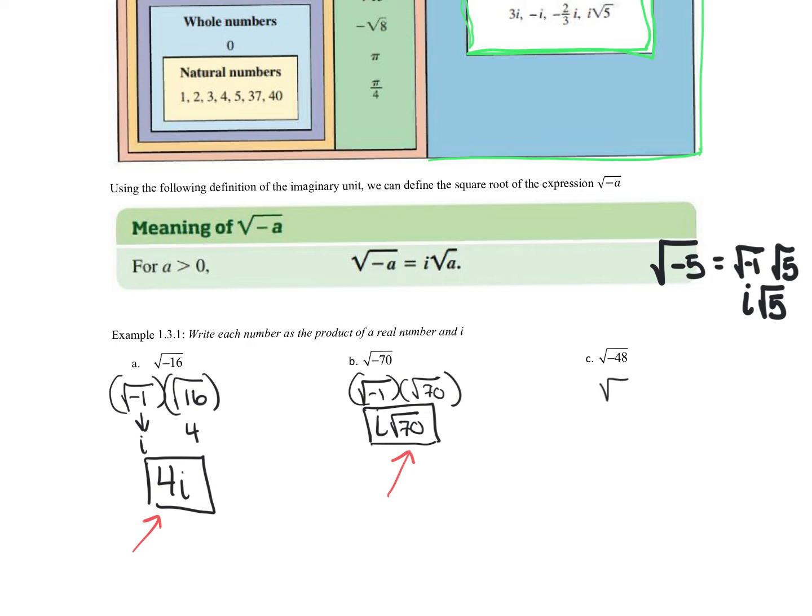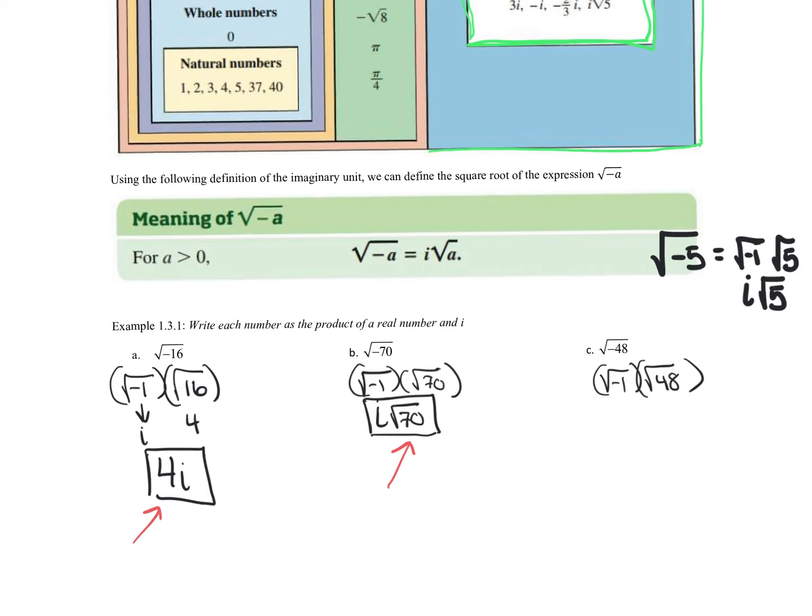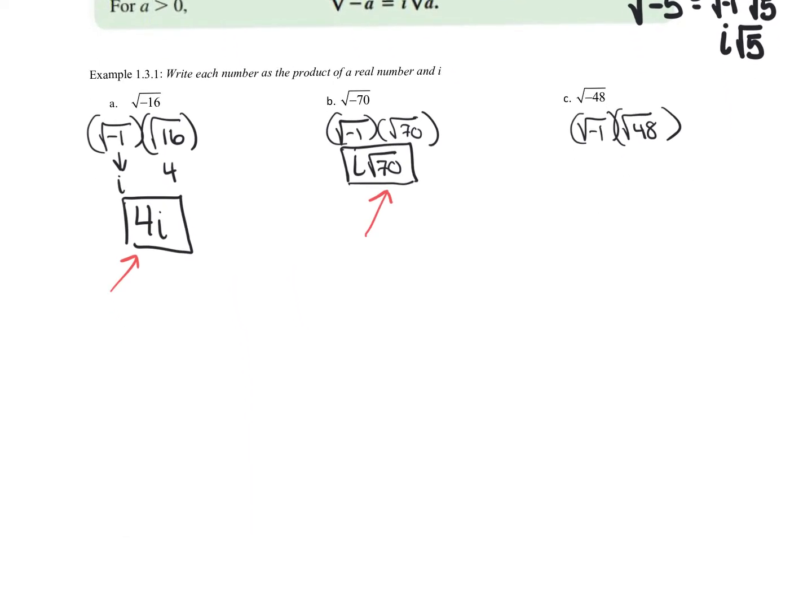This is going to be the square root of -1, square root of 48. And let's just go over here in case you forgot how to do this. 48. I know that 48 is 3 times 16, and 16 is really helpful, but in case you didn't know that, maybe you did 6 and 8.